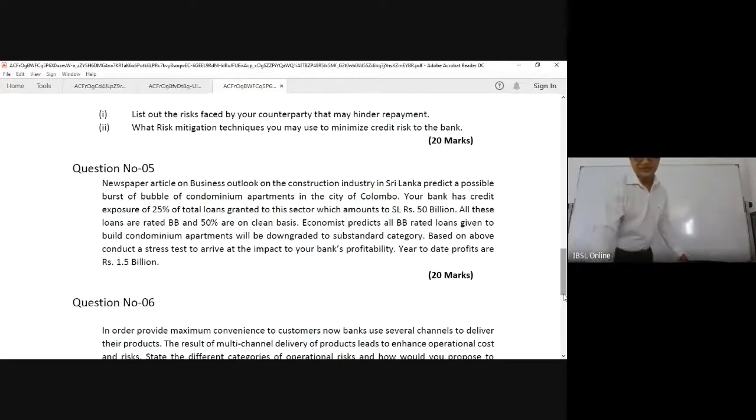So we go into the arithmetic. When it says 25%, you need to understand your total loans. Based on the information I have, total loans are 200 billion, and construction is 25% of this, which is 50 billion.